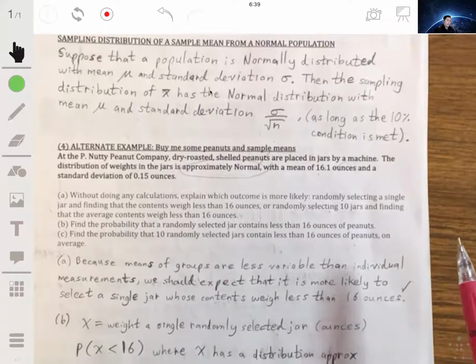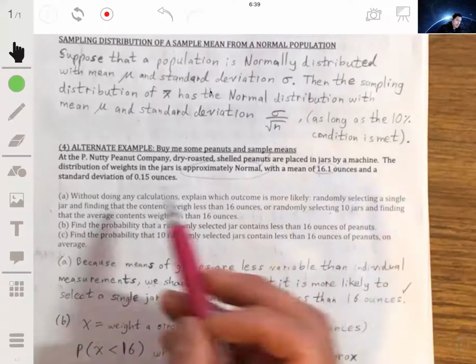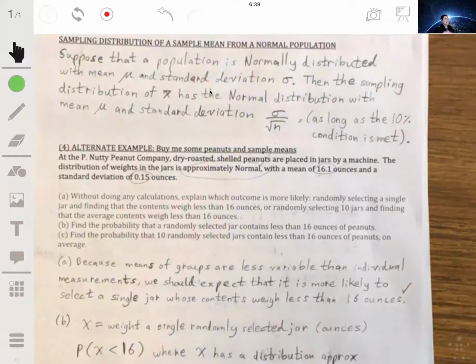And since we're not taking a sample, we're not taking a group, you're just using this as your mean and this as your standard deviation. So this is actually just going back to chapter 2. Don't overthink this problem. You could have done this.